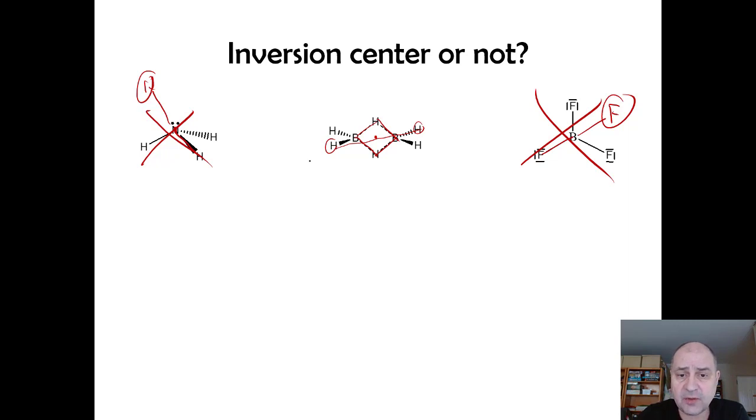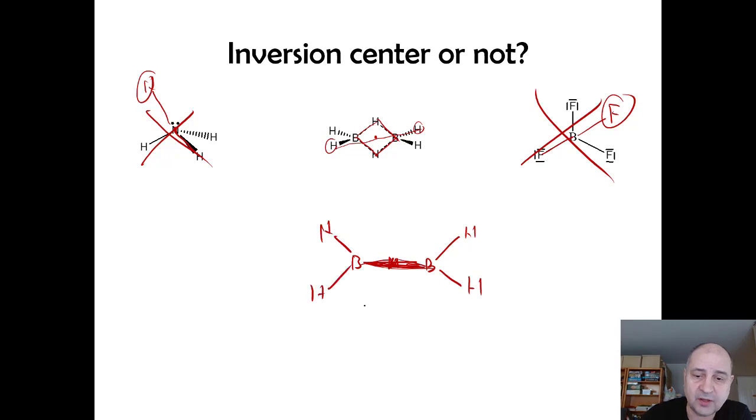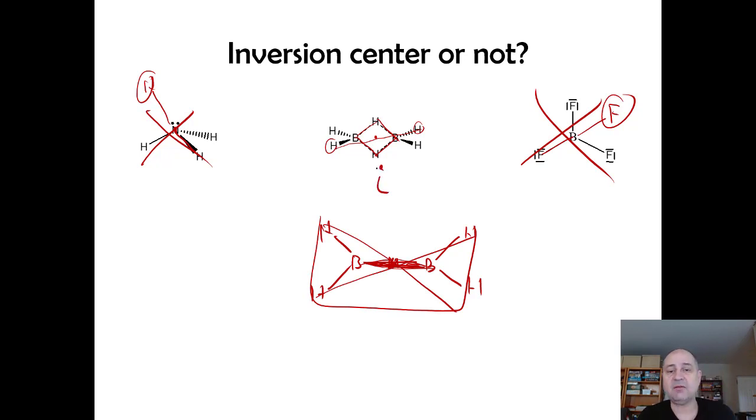If I was to draw this on the side, like to rotate that, where the boron hydrogen boron basically is now in the plane here, I'm going to draw it like this. The hydrogens are here, and so at least the terminal hydrogens, then it's easier to see that they would, because they are in a plane, project into each other. So yes, we do have an inversion center for this one.